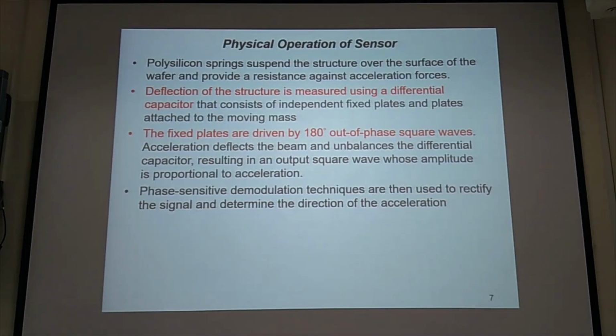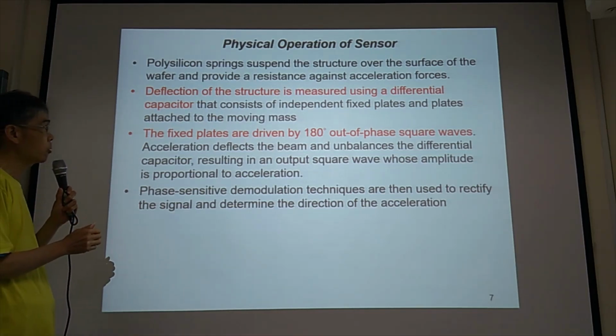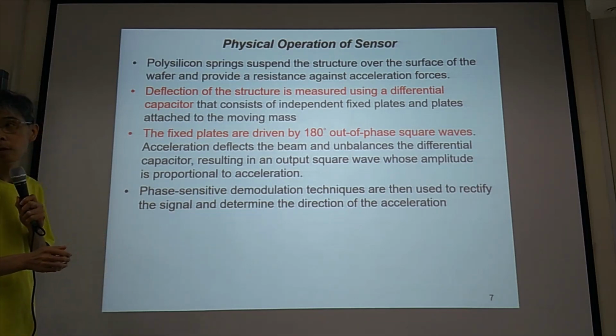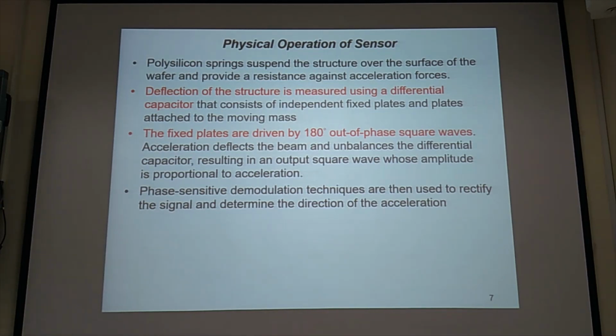Then for this accelerometer, the material is polysilicon. Then we use a differential capacitor to detect the output. Remember, we have 2 fixed electrodes and 1 moving electrode.